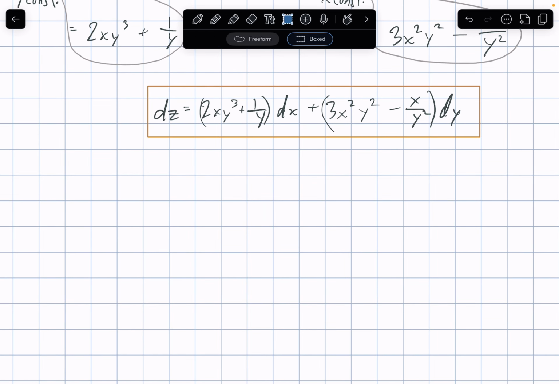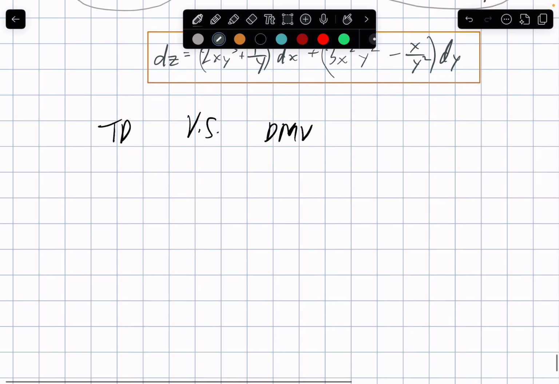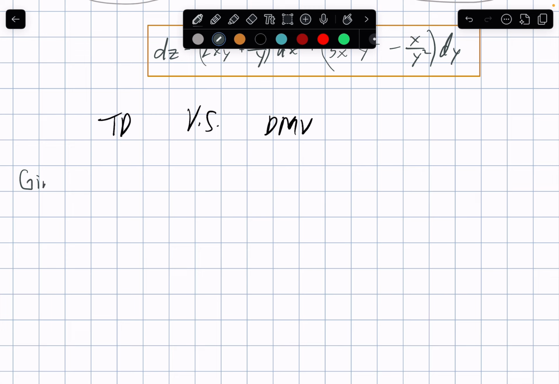Again, we are comparing total differentials and the method shown in differentials of multiple variables, or DMV. Given the example z is equal to x squared times square root of xy minus y squared, we are tasked to find dz using both methods.